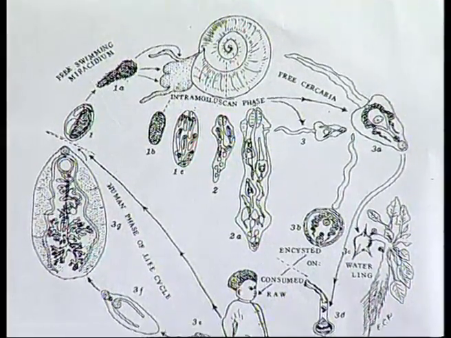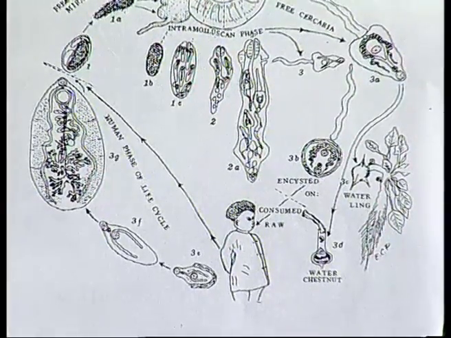Once a man eats it, these cercaria come out. So they go through our mouth, into the digestive system. Ultimately, they reach the small intestines, where they lodge themselves and develop.